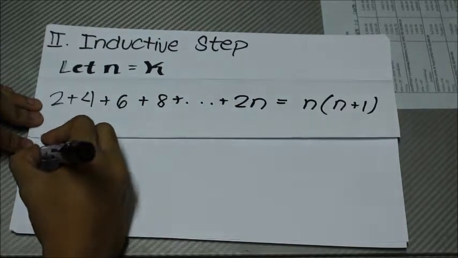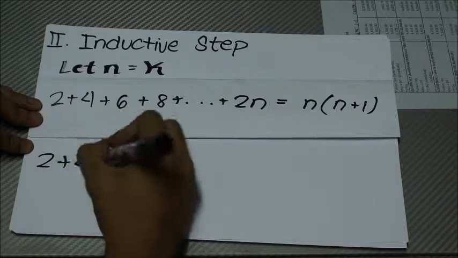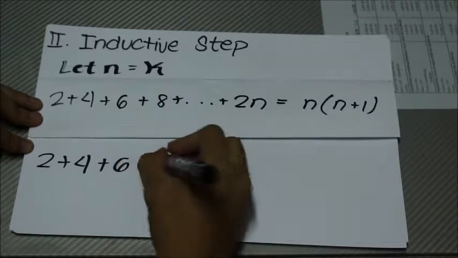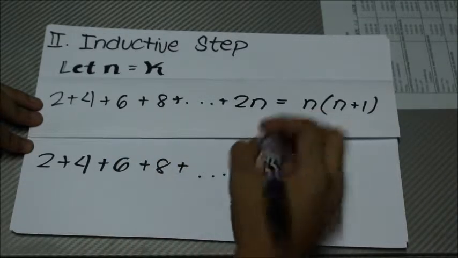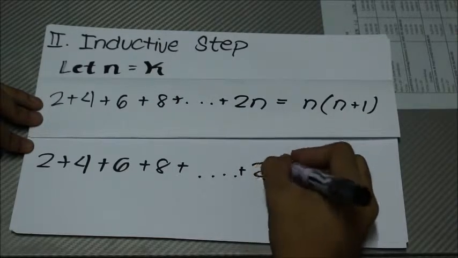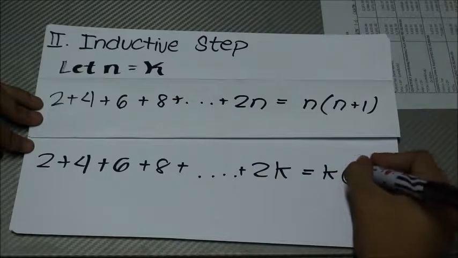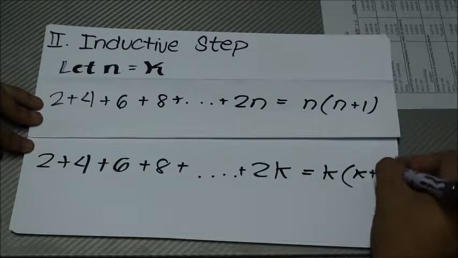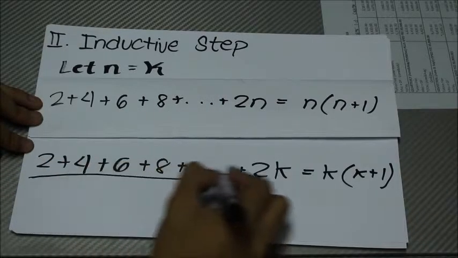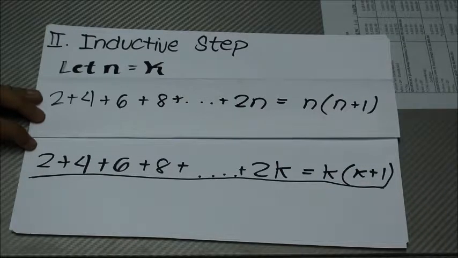So, 2 plus 4 plus 6 plus 8 plus up to 2 times k is equal to k times k plus 1. That's it. Let's go to the next step.